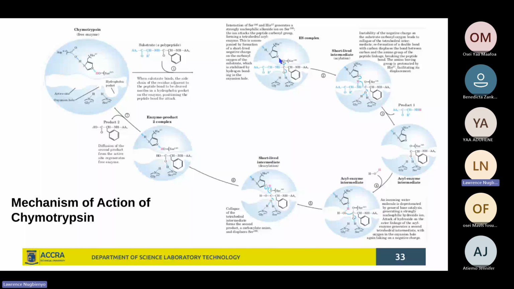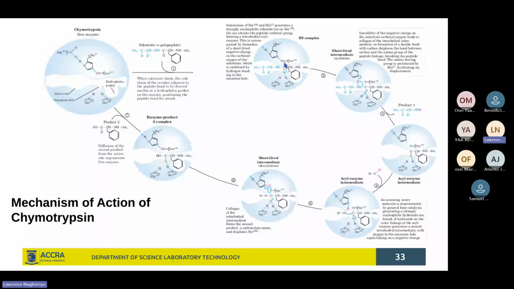So that is represented with some dashed blue lines. And you see that there is some lone pair of electrons also shown with red dots. And these have some sort of a nucleophilic attack on the carbon of the carboxylic acid group of phenylalanine.